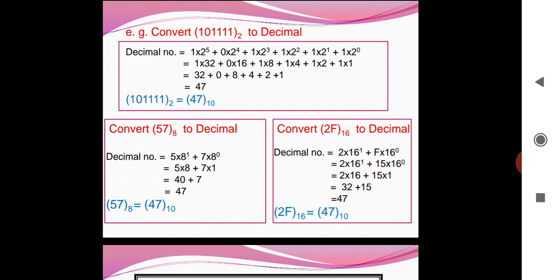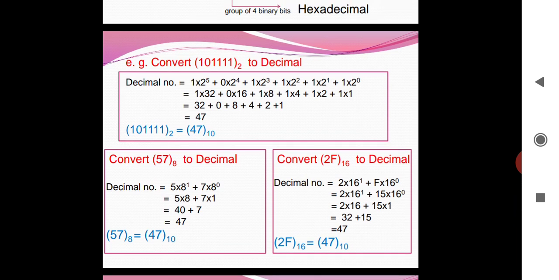Here r means radix or base of that number system, and here the number system is binary. Therefore we multiply the binary bits by powers of 2 and the addition of that will give us the decimal equivalent of the given binary. The same procedure will be adopted for conversion of octal to decimal and hex to decimal.